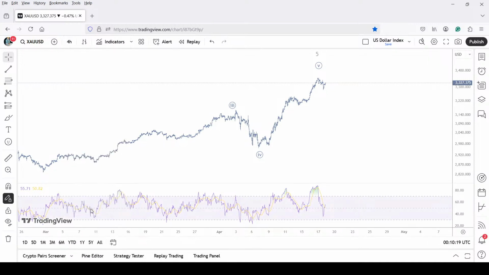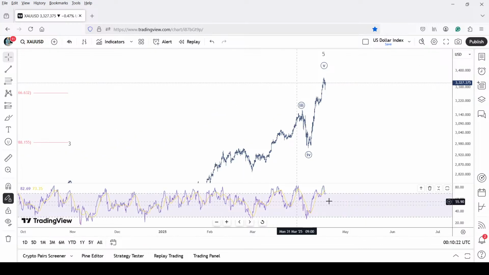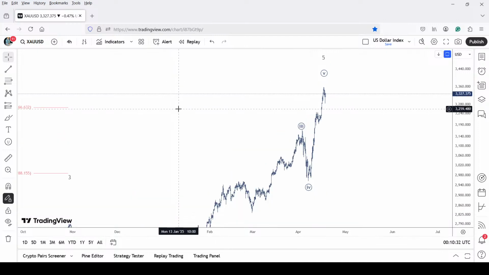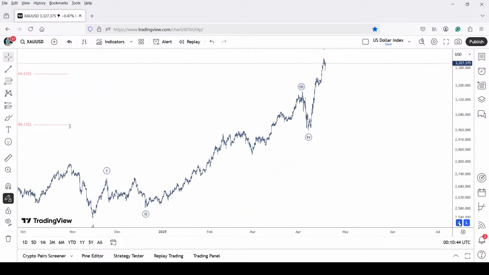That 4-hour chart should also be producing a bearish divergence soon. And once we get bearish divergences on 1 or 2 time frames, I think it's going to give us more confidence to start initiating short positions. But right now, it's actually beneficial to remain on the sidelines.